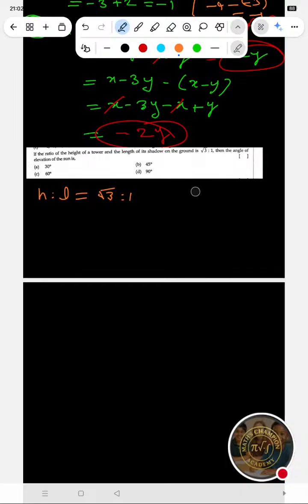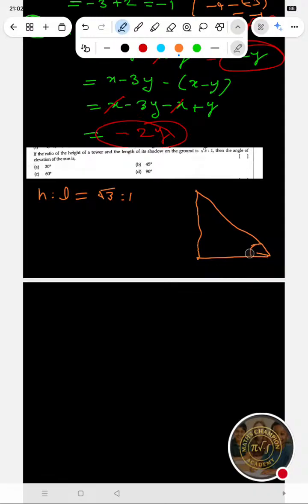If this is your tower, and your shadow is falling somewhere here, the angle of elevation being asked is the angle we get when we look from down to up.